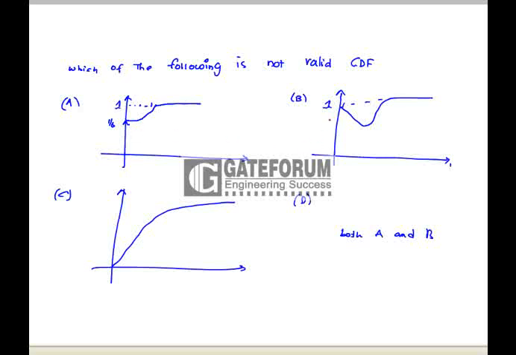Coming to option B, the function is decreasing and then increasing. So option B is not a valid cumulative distribution function because it is not satisfying the monotonically increasing property of the distribution function. So option B is not a valid CDF.